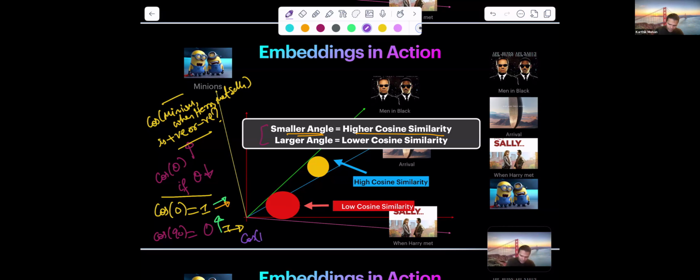On the other hand, what is cosine of 180? It's a 180-degree angle. It's -1, right? So this is when you're poles apart. You're pointing in one direction and I'm pointing in the exact other direction. That's why the cosine similarity is -1, because you're the most dissimilar you can be.